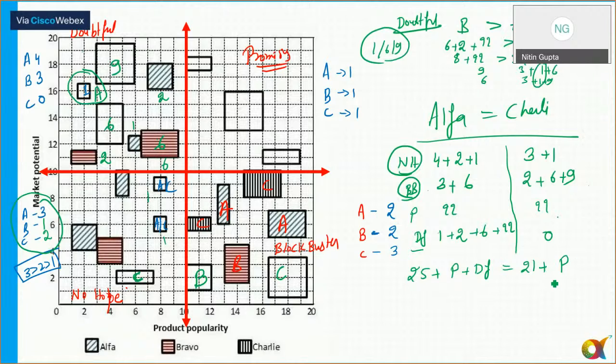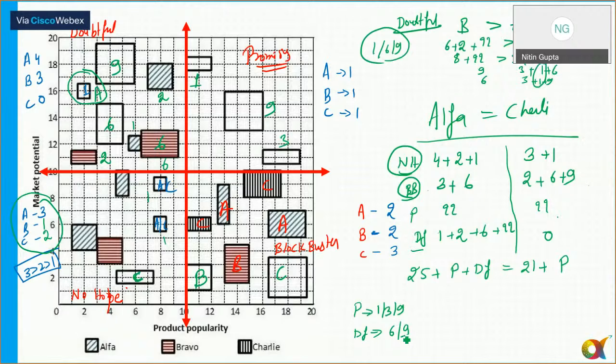In the promising category, this area is equal to 1, this area is equal to 9, and this area is equal to 3. So the possible value of P is 1 or 3 or 9. And in the doubtful category, the two remaining values are 6 and 9.